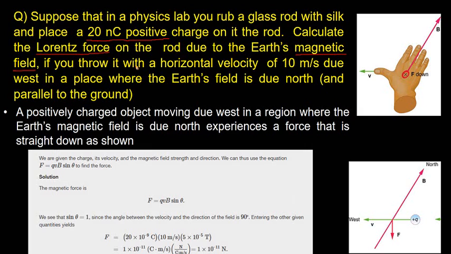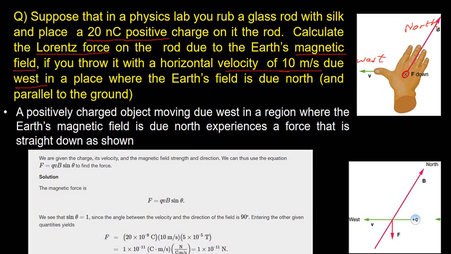If you throw the rod with a horizontal velocity of 10 meters per second in the west direction, west refers to left, so this is west. This is where the positively charged rod is being thrown, and this is north, that's where the Earth's magnetic field is present.